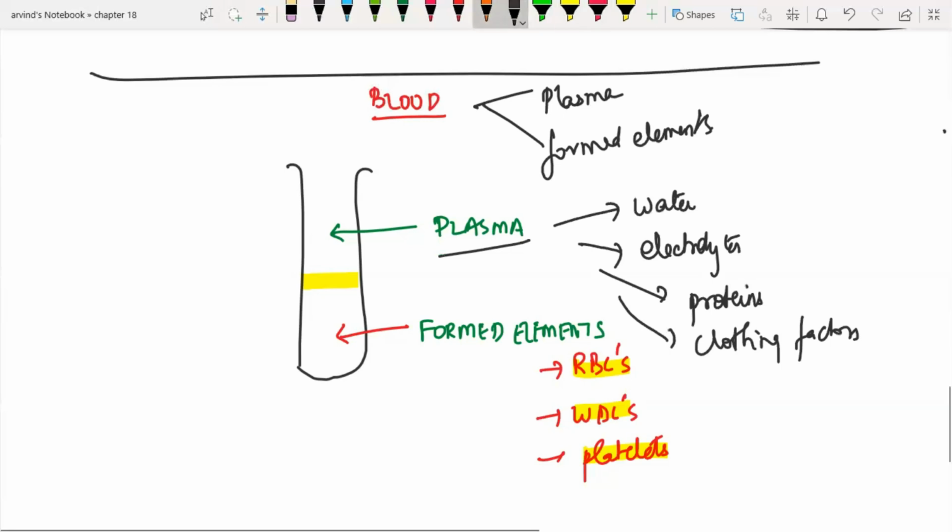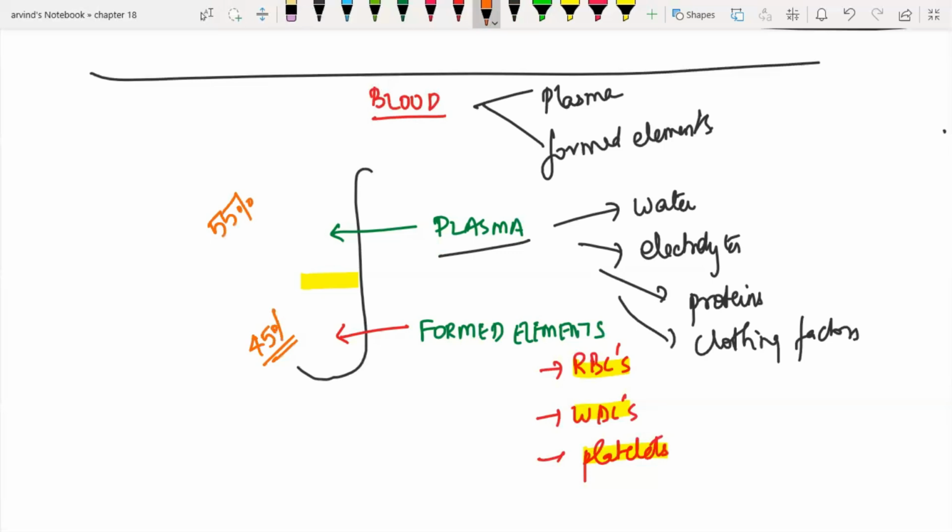So for every 100 ml of blood, 45 ml is going to be formed elements, and the remaining 55 ml is plasma. I can say it as a percentage because I have told for every 100 ml, right? So instead of ml, let me make it a percentage.